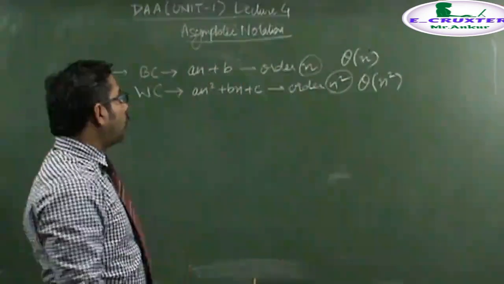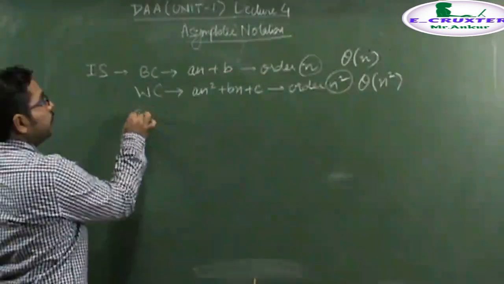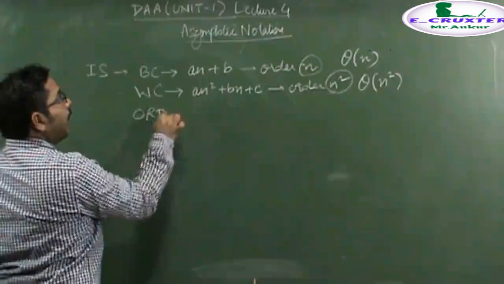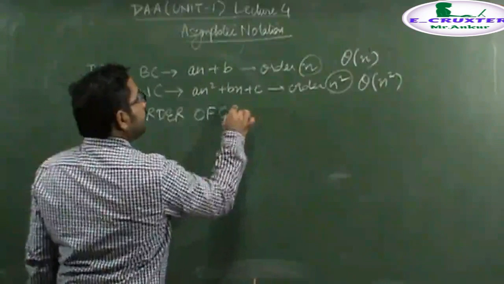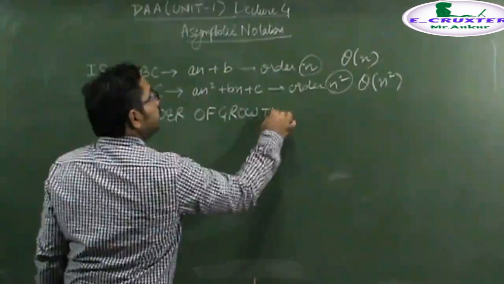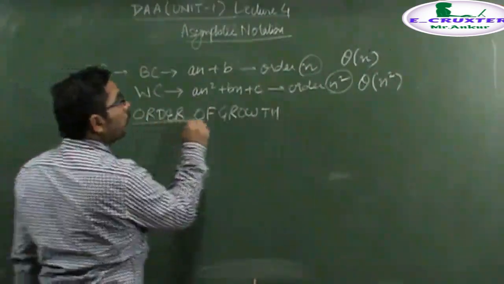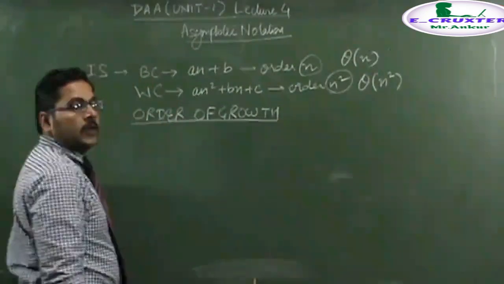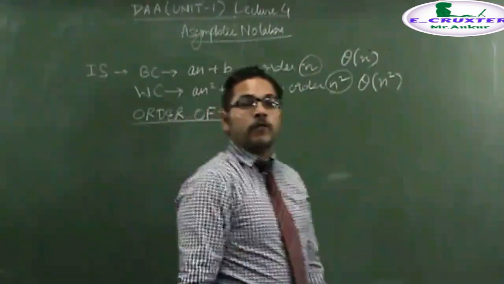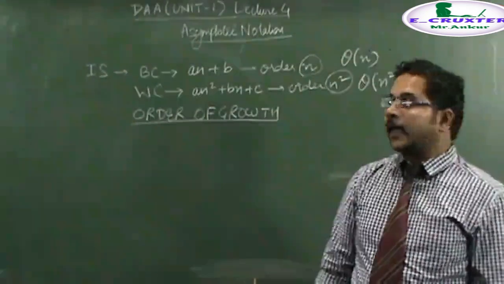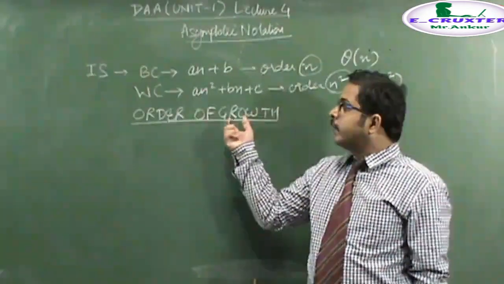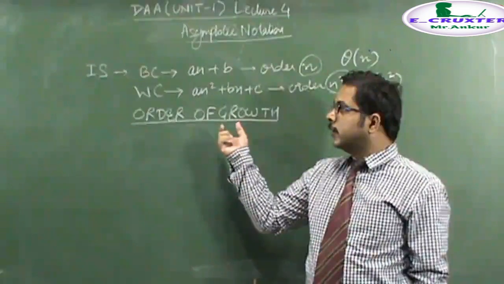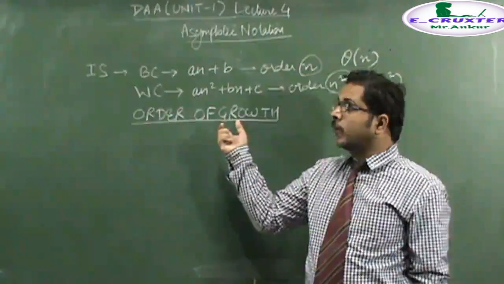Before understanding this, first we will try to understand why, when we analyze an algorithm, we measure its order of growth, or growth of function. The order of growth of the running time of an algorithm provides two important pieces of information.